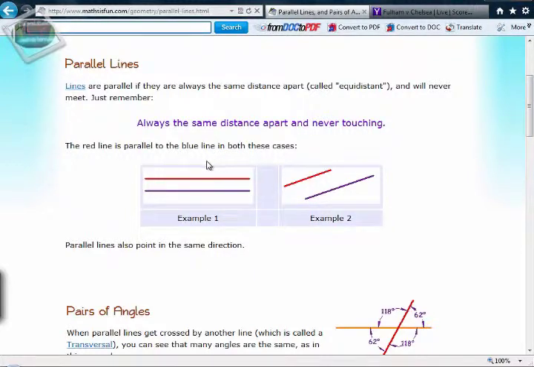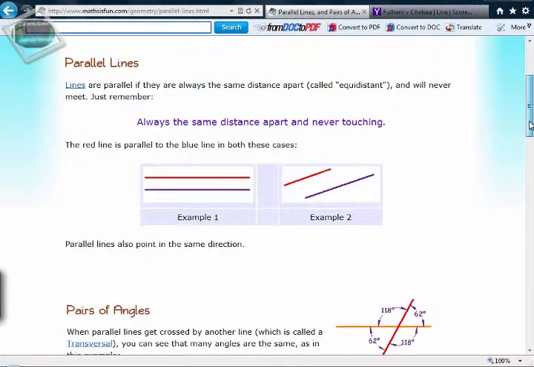So the good thing to remember is that they are always the same distance apart. The distance here and here is the same as between here and here, and they will never meet irrespective of how far they travel. And this is true whether the lines are vertical, horizontal like this, or diagonal.